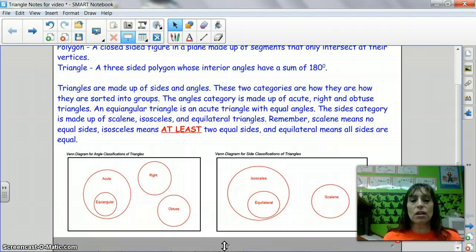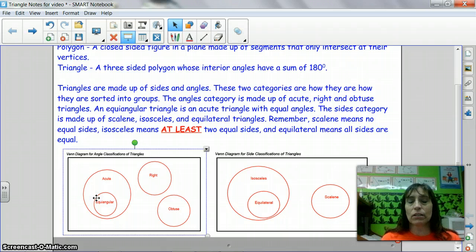If you notice on the left side over here, we have triangles classified by their angles: acute, right, and obtuse. Now, inside acute is equiangular because, like I said, an equiangular triangle is also acute because all the angles are 60, not the sides.